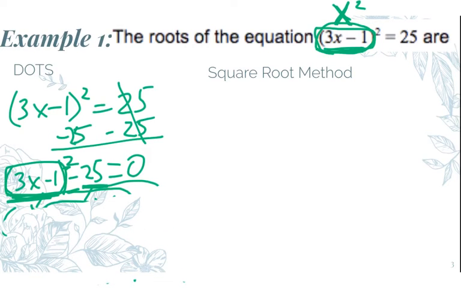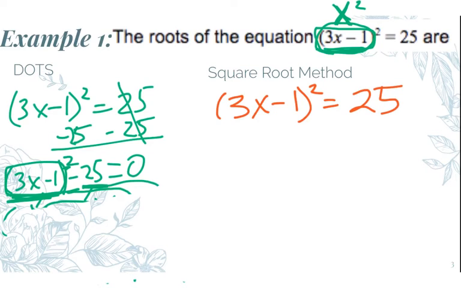All right, so here we have 3x minus 1 squared equals 25. Now, again, we're treating this whole block like one variable. Like if I wanted to put a big x over it, if this is a big x squared. So I'm not looking at it as 3x minus 1.